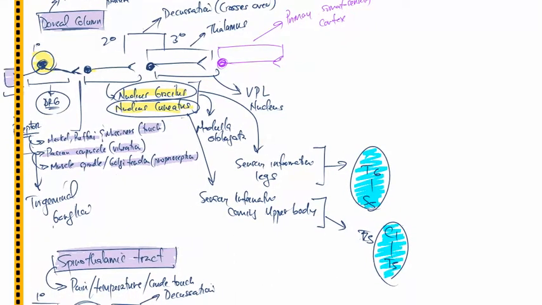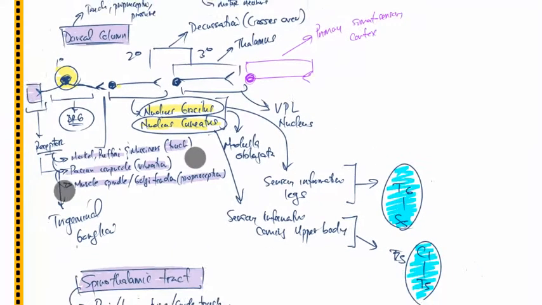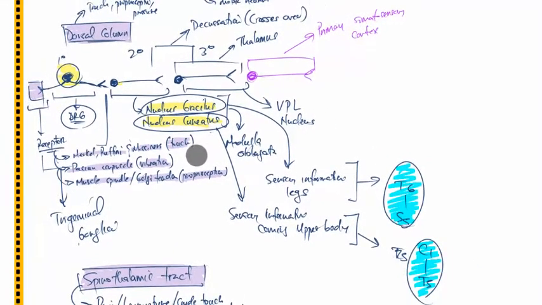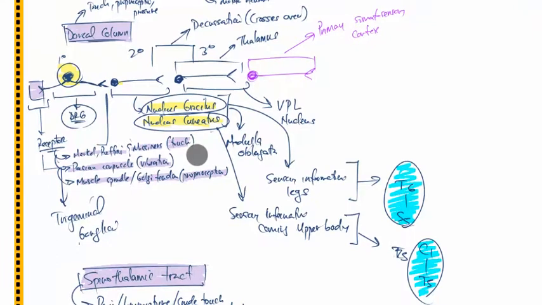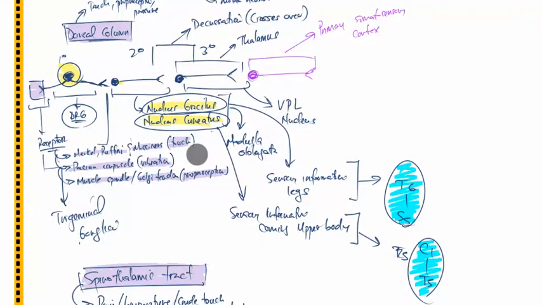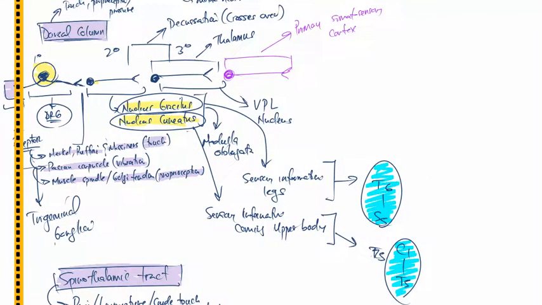So if you're just talking about the body for the dorsal column, the primary neuron is in the dorsal root ganglion. The secondary neuron can either be in the nucleus gracilis or the nucleus cuneatus, depending on which part of the body you're coming from. If you're coming from the segment from T6 to S5, you're synapsing in the nucleus gracilis.